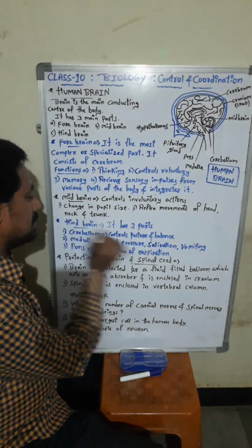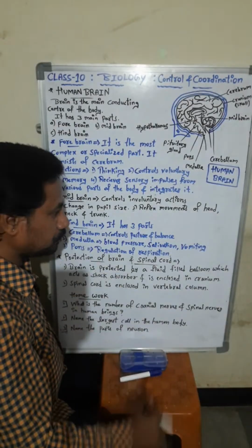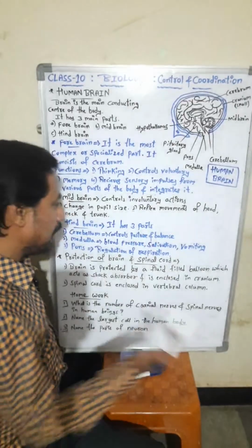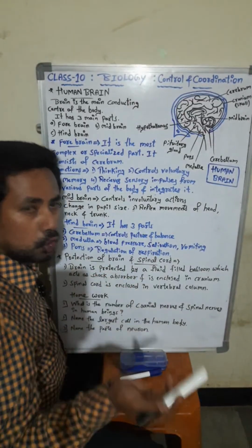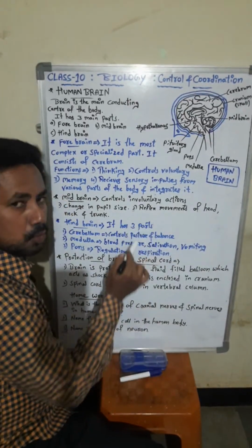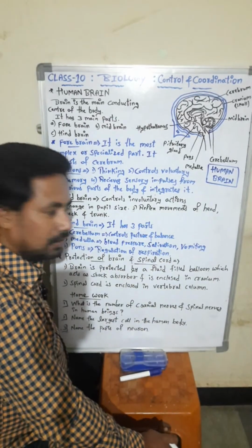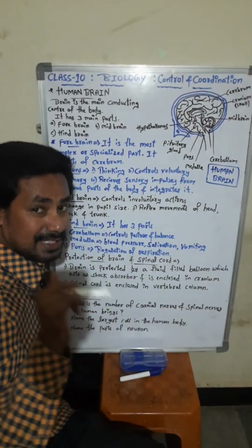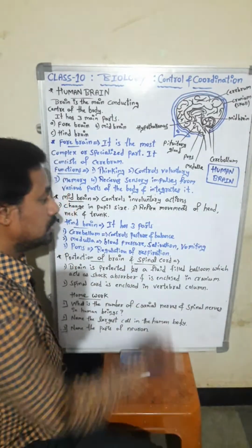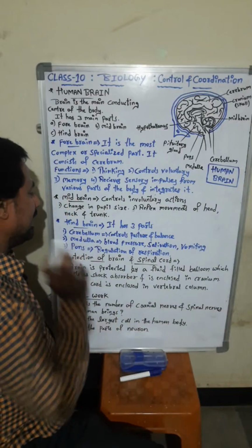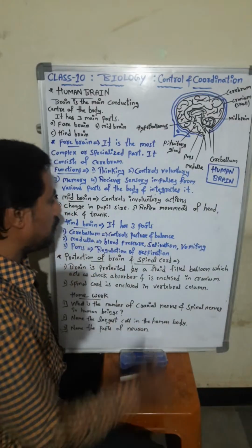Head, neck, trunk: suddenly it has to do something without knowing. That reflex movement, fast movement, who is doing that? Midbrain. Okay, not reflex action; reflex action is controlled by the spinal cord. Reflex movements of head, neck and trunk.